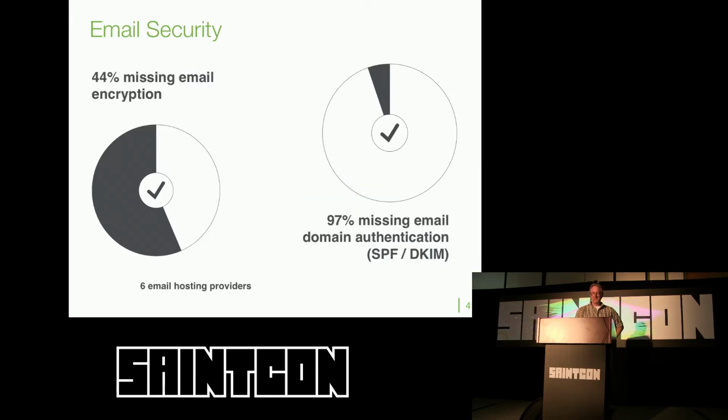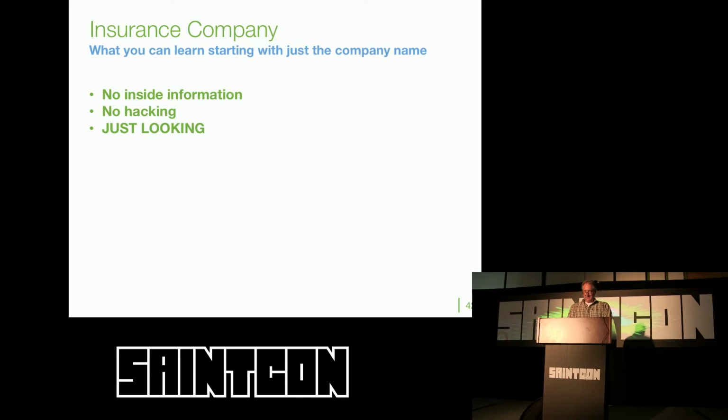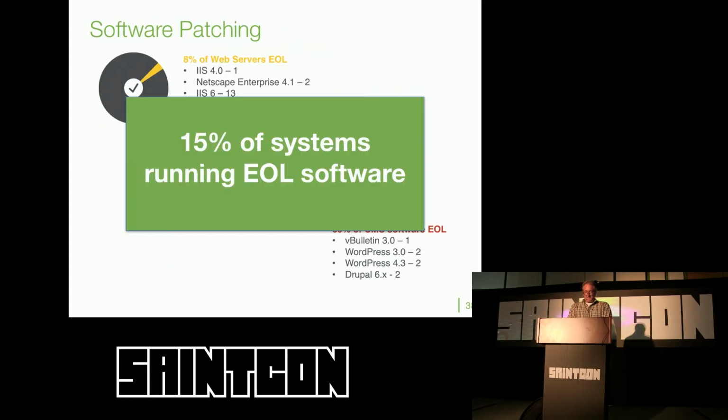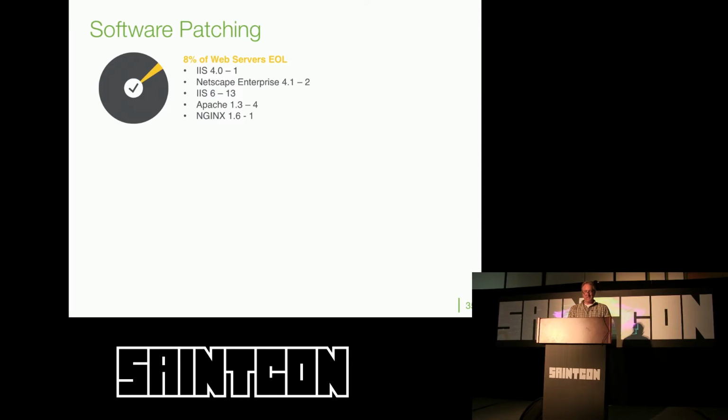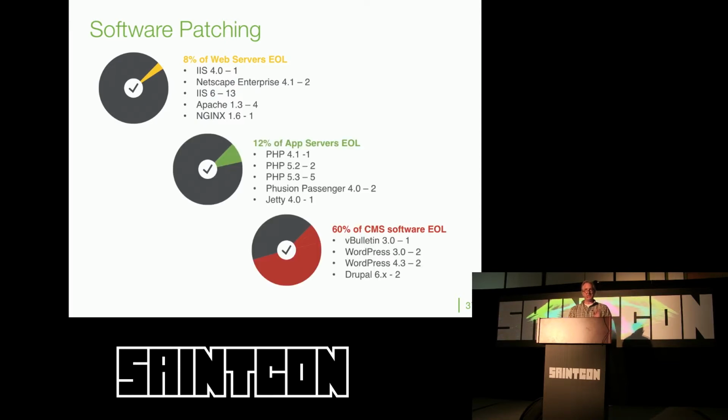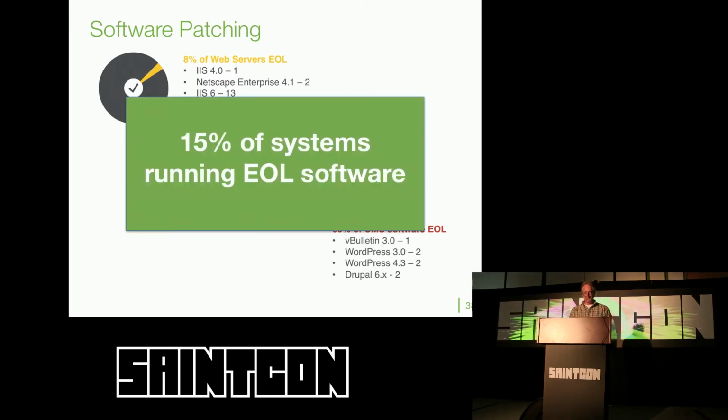We saw similar things with their email security. 44% had no encryption in place. 97% weren't using any SPF or DKIM, any of the new authentication techniques that are out there. It's kind of interesting what can be observed about a company without doing traditional pen testing techniques.